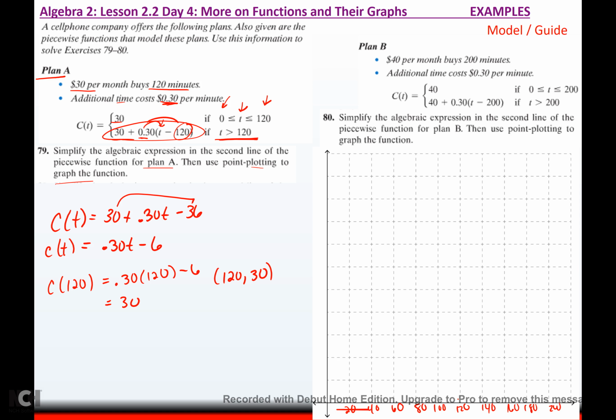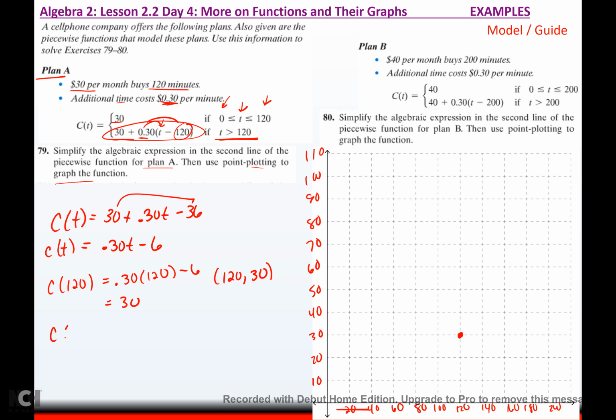So at 120 minutes, $10, $20, $30, $40, $50, $60, $70, $80, $90, $100, $110. So if I plot that point, 120, 30 is right there.